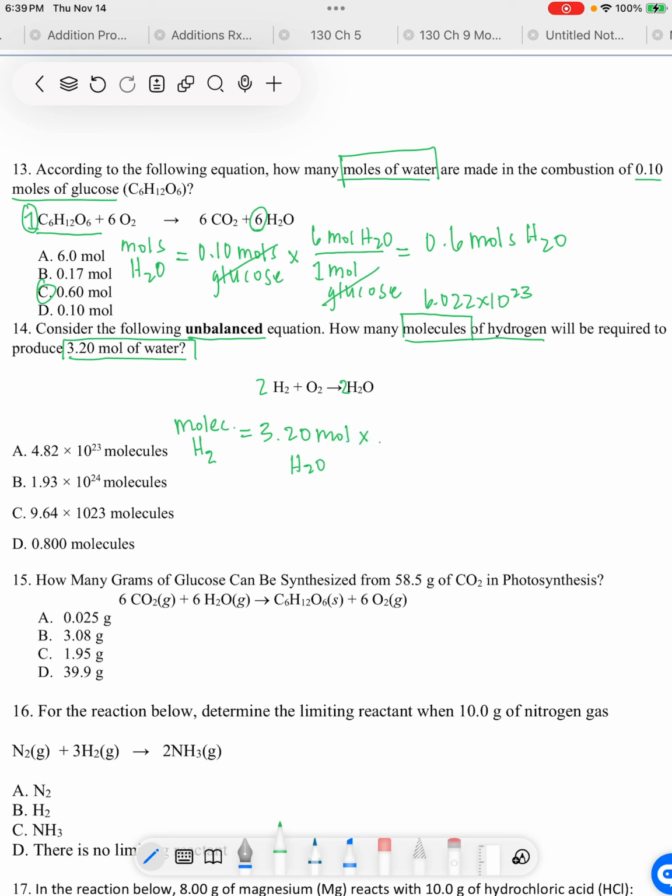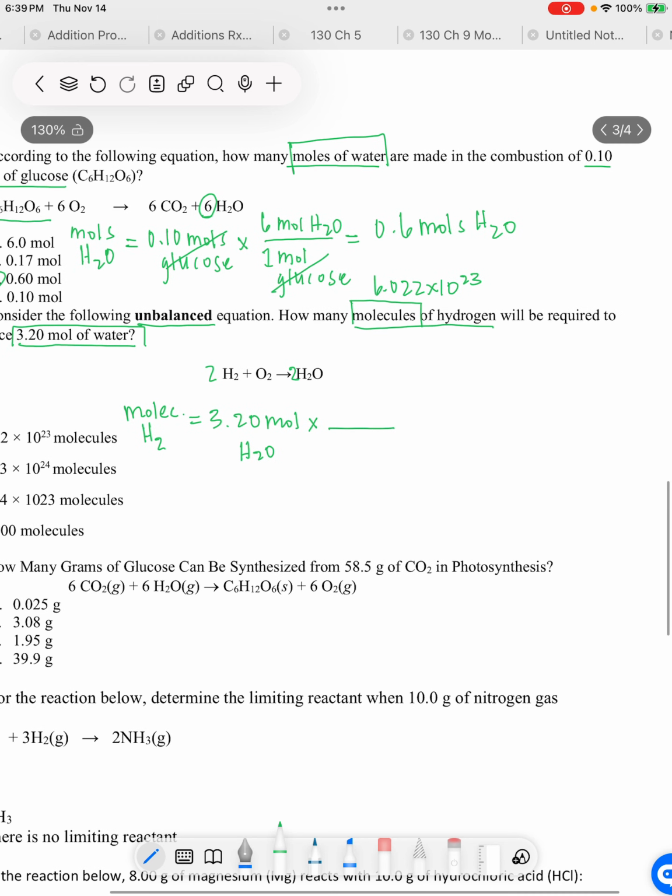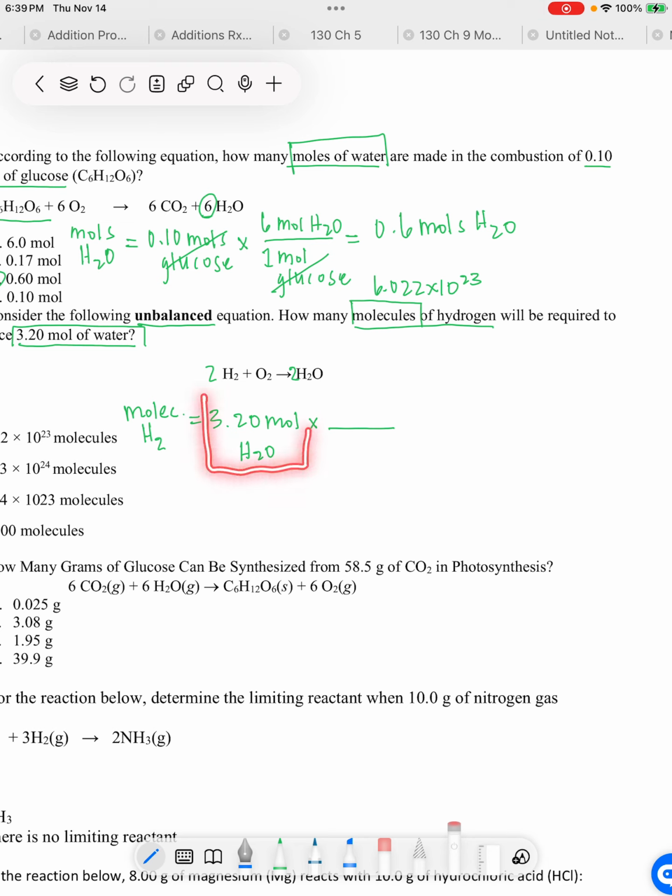Okay, what can we do to get rid of moles of water? And remember, it's always our instinct to immediately go with the molecular weight, molecular mass, but nowhere in the question does anything have to do with grams. So if we want to get rid of moles of water, what can we put on the bottom and on the top?